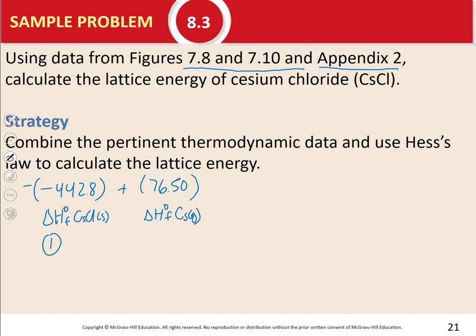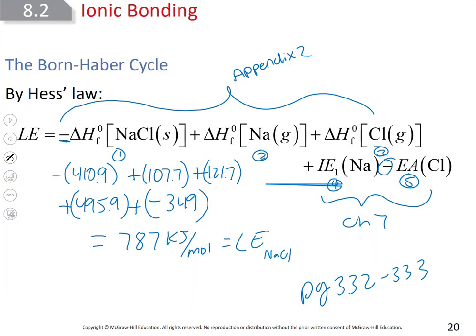So that was step 2. Step 3, we need the standard enthalpy of formation for our nonmetal, which is chlorine, to just be one atom instead of the diatomic. So for chlorine, that was 121.7? Yeah, 121.7.